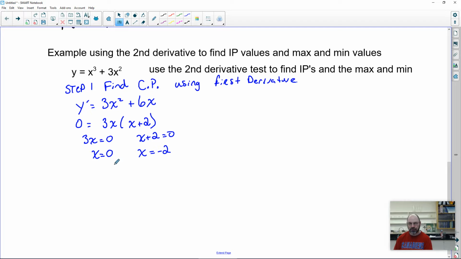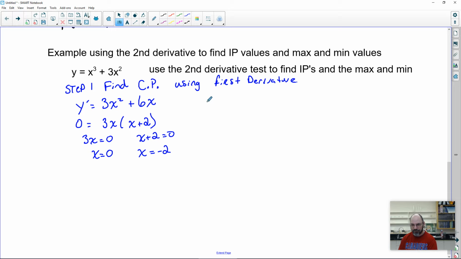There's our two critical points. Now, we could just plug those in and find if they're a max or min. That'd be easy, right? But if it was a really long equation, say 15 terms or 6 terms, we might want to try the second derivative test instead, to see whether we have a max or min at each of these without plugging them back.